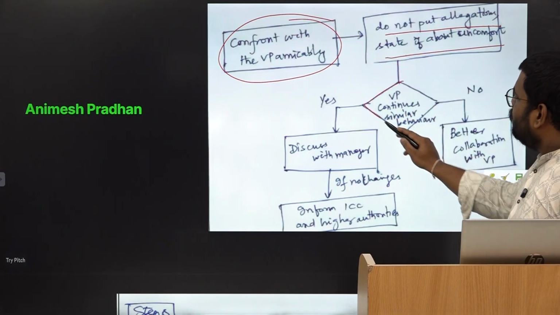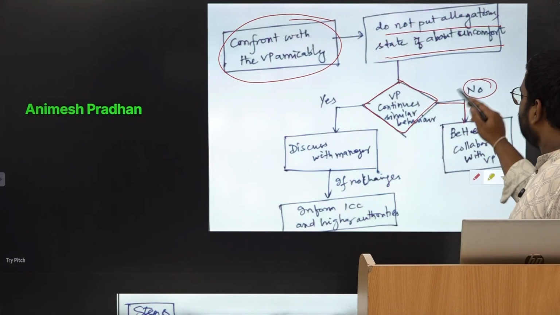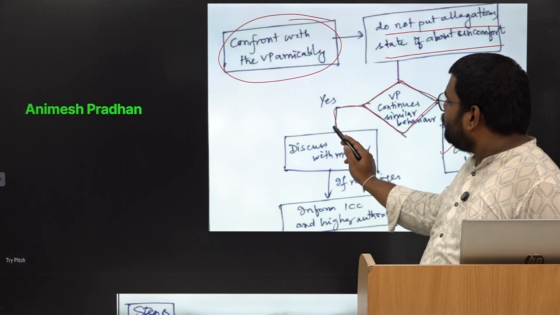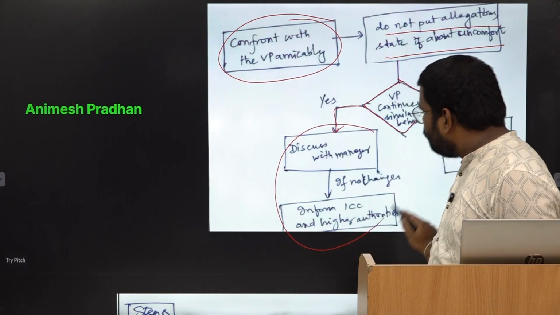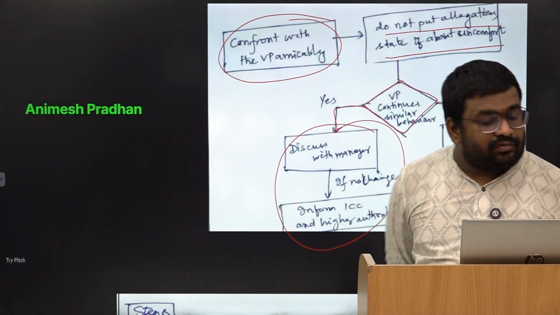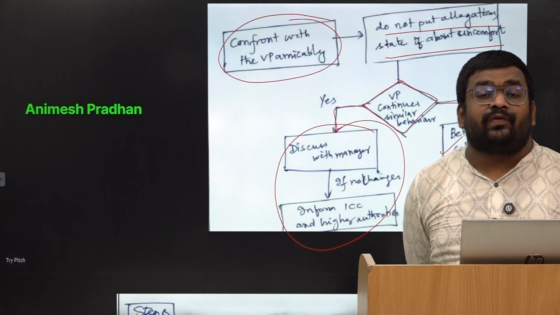But if the VP continues similar behavior, if he changes his behavior, then your issue is resolved. But if he doesn't change his behavior, then you take further course of action. Right, so this flowchart gives you an opportunity to highlight the different options.